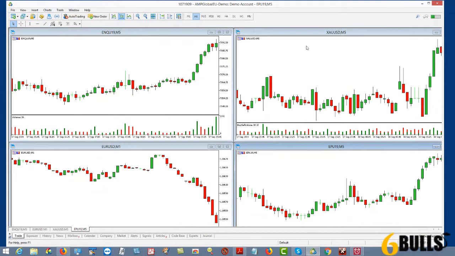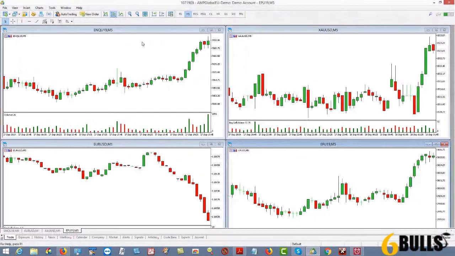Over here is gold, Forex gold. And the one on the top is the NASDAQ, and the one on the bottom over here on the lower right is the S&P 500. Now, we're going to look at some of these because you're going to see the exact same problem that you saw with the examples I just showed.